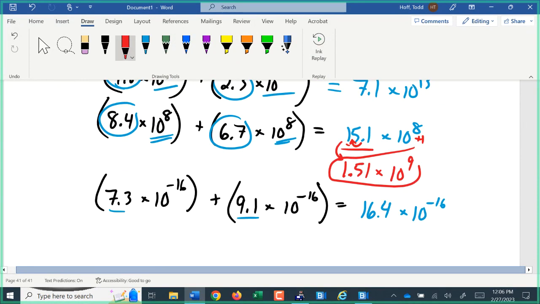Well, once again, we have 2 digits in front of the decimal point, so I have to move that decimal over, making that 1.64. Now again, this got smaller. It went from 16.4 down to 1.64. So our power, or the name, has to get larger. Now you have to be careful with the negatives here. Negative 16 plus 1 is a negative 15.